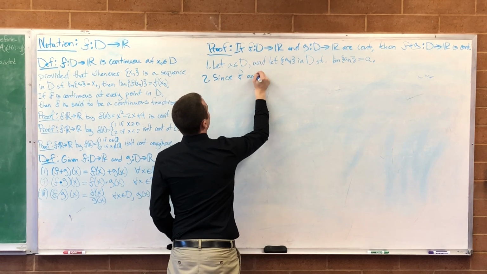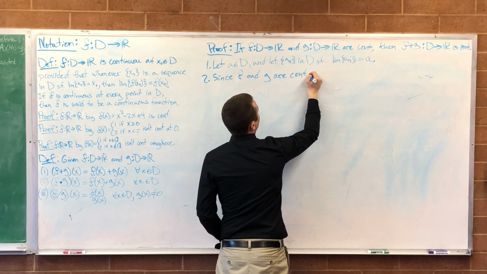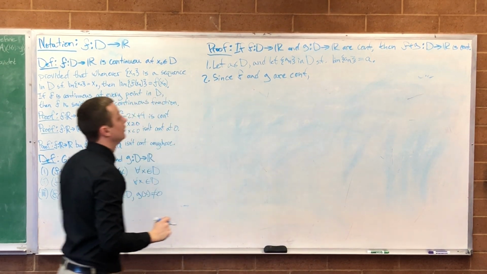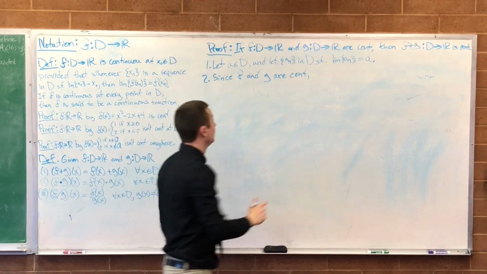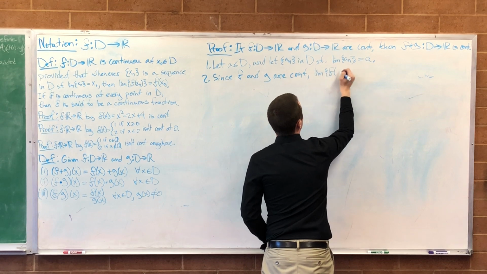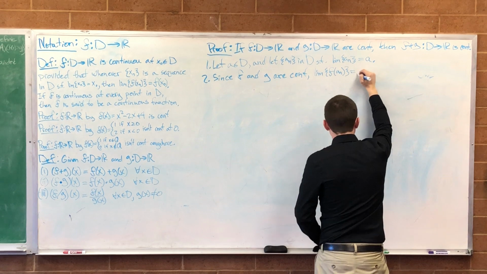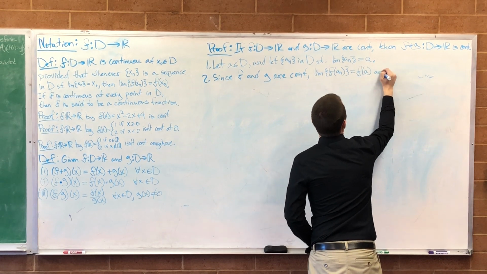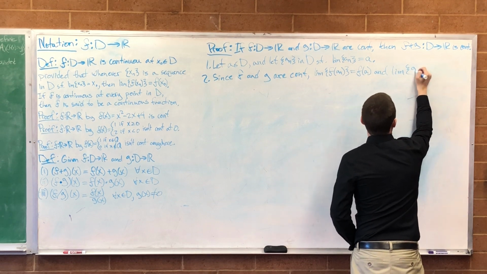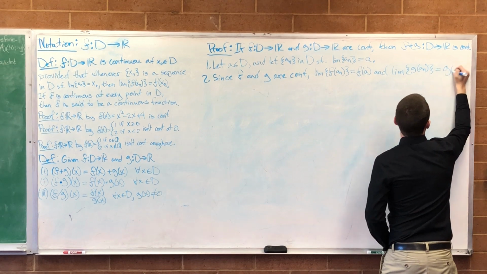Since f and g are continuous, what do we know? Well, we know that the limit of f of a_n is equal to f of a, and the limit of g of a_n is equal to g of a.